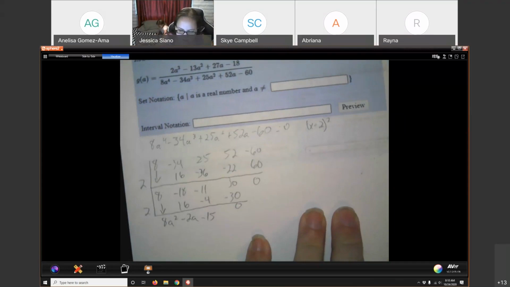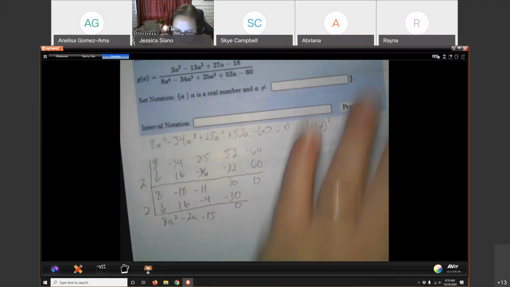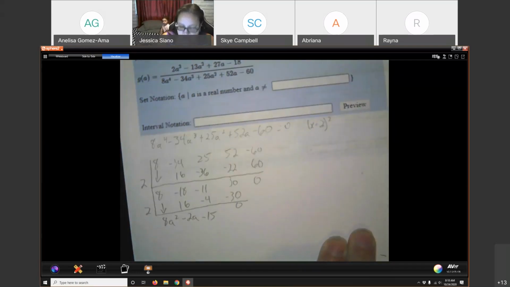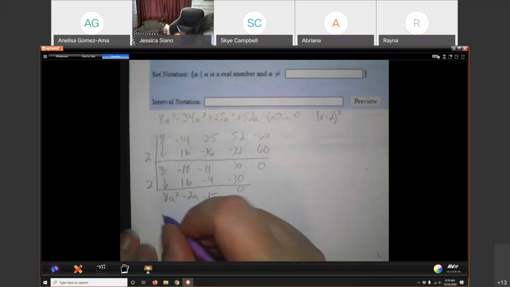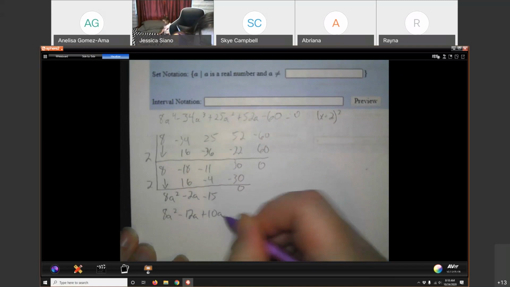So are there two numbers? What is 8 times 15? 120. Are there two numbers that multiply to negative 120 and add to negative 2? Yes, so this one does factor. 8a squared minus 12a plus 10a minus 15, right?